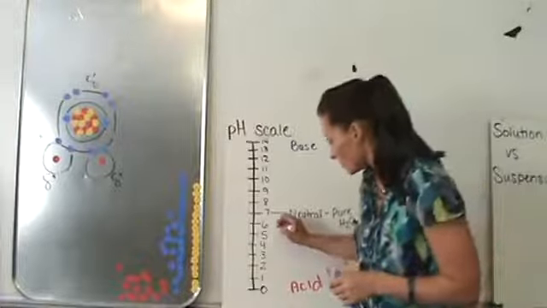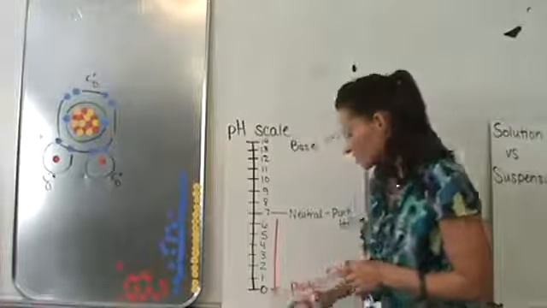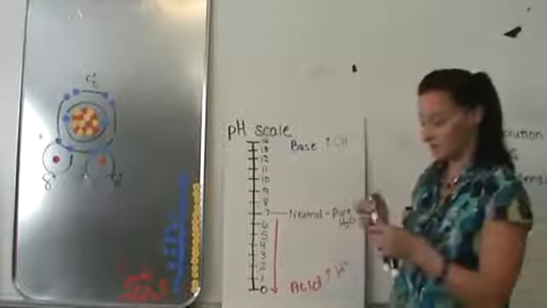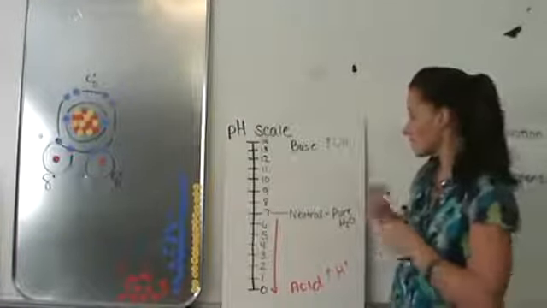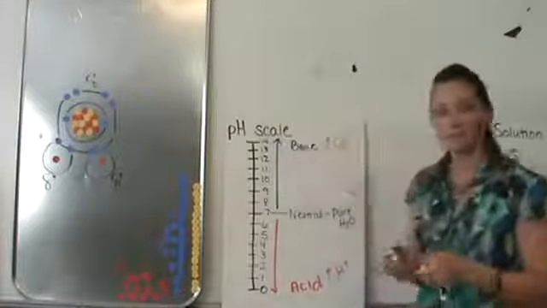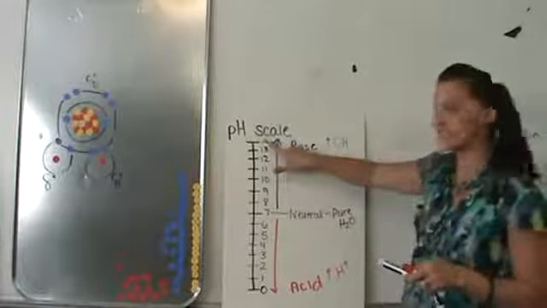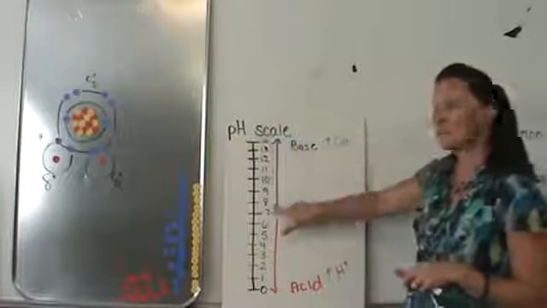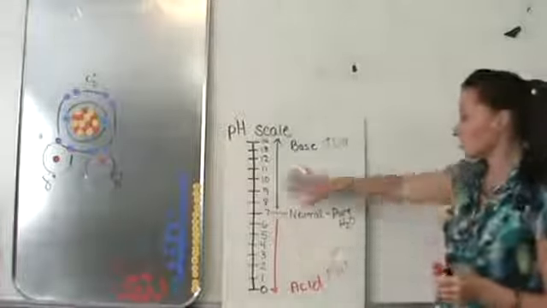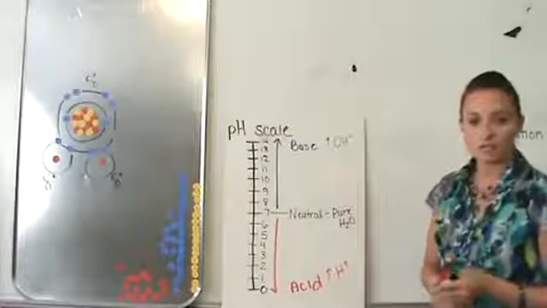So 0 is actually a higher acidity than 6 is. Okay? And the further away from 7 in the other direction you go, the more basic you get. Okay? So 14 is a stronger base than 8 is. Okay? So these are the measures of pH.